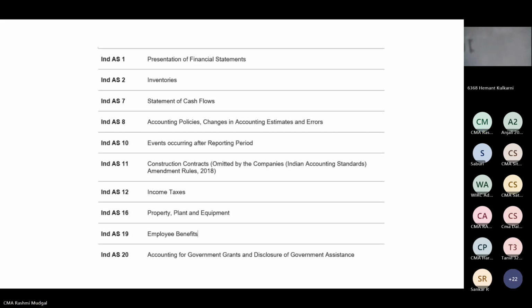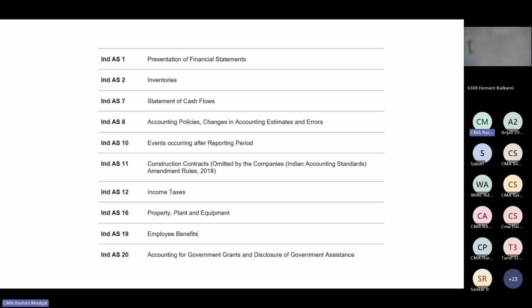So in Ind AS 7 we are going to discuss cash flow statements and how we need to recognize the transactions of each sector. In Ind AS 8, accounting policies, changes in estimates and errors, where we are changing the accounting policies, we need to disclose it in the financial reporting.